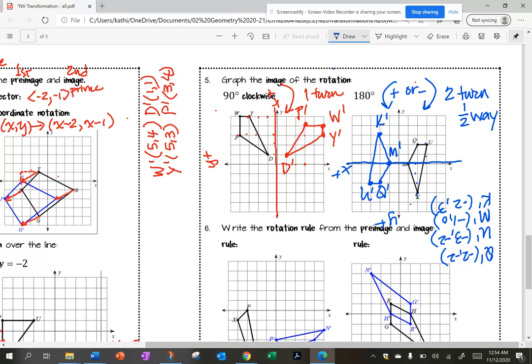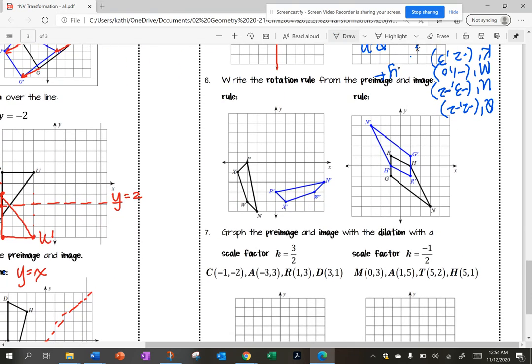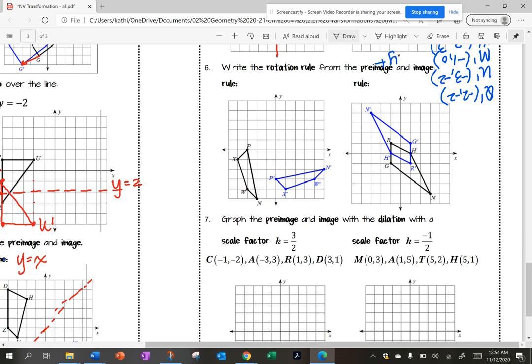All right, next one. I want to know what the rule is for my rotation. So I'm looking at where is my pre-image and where did my image go? So I see my pre-image is here and I am going this direction.